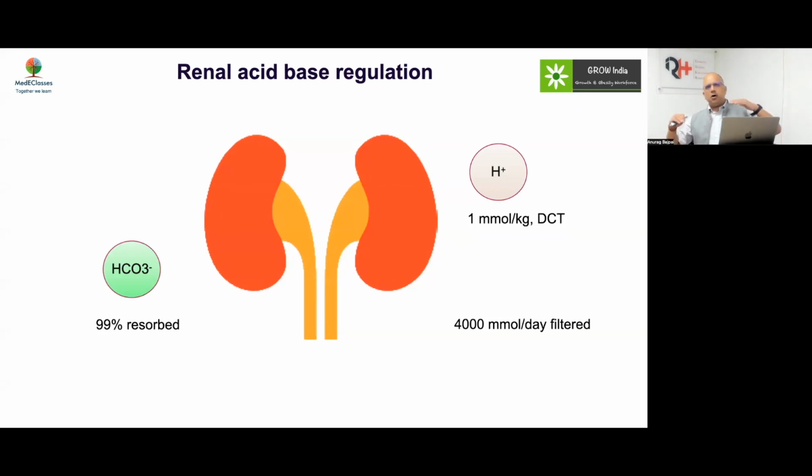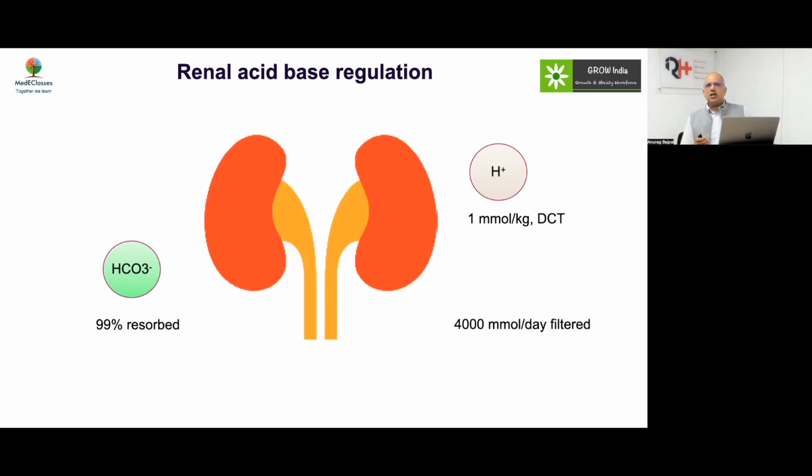Now if you think about it, you are acidifying by two mechanisms. One is that you are basically pushing off your amount of proton so that you don't have too much acid in the blood. And second, you are reabsorbing the bicarbonate. Now, if you have a problem in the acidification of urine or in bicarbonate reabsorption, you will have acidosis.